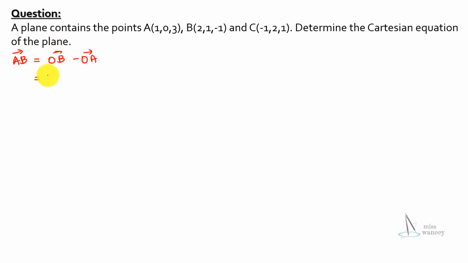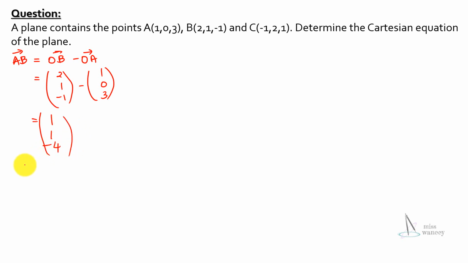OB, B is (2, 1, negative 1). A is (1, 0, 3). So you subtract them. 2 minus 1 is 1. 1 minus 0 is 1. Negative 1 minus 3 is negative 4. So this is AB.